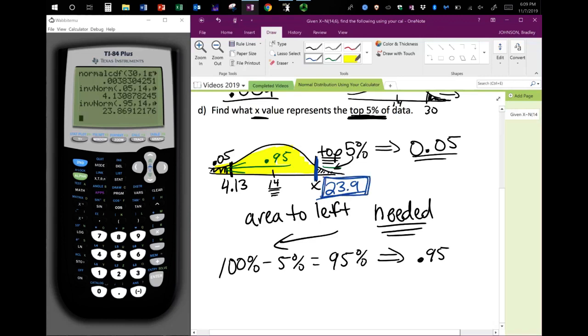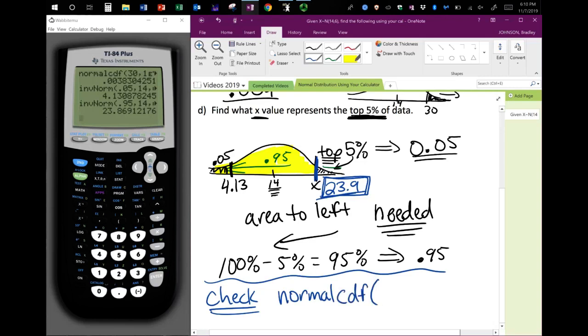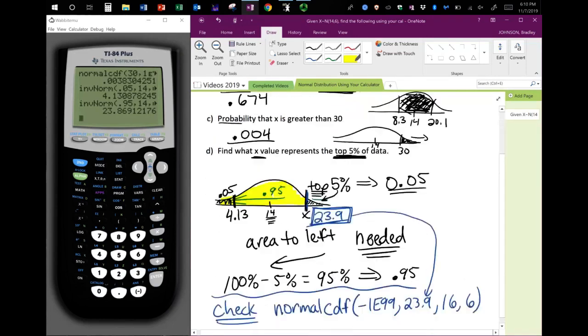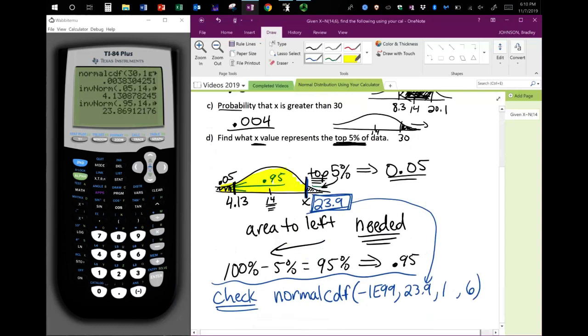Okay, now if we wanted to check our answer, we could check this by doing a quick probability check, right? If we check, we could do normal CDF, and if we go all the way to the left, -1 E99, comma, and then I put 23.9 as the upper bound, what we just found, and I put in 14 and 6 into the calculator.